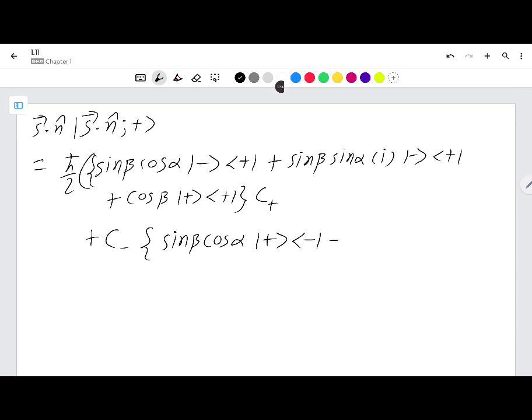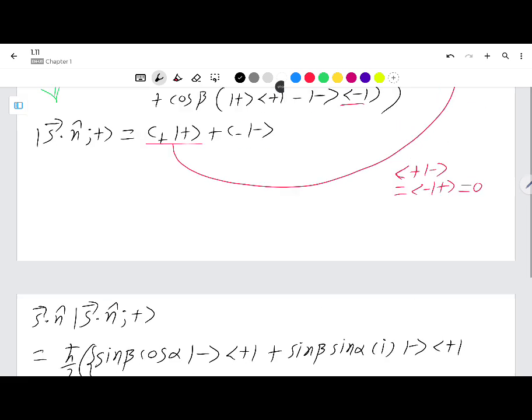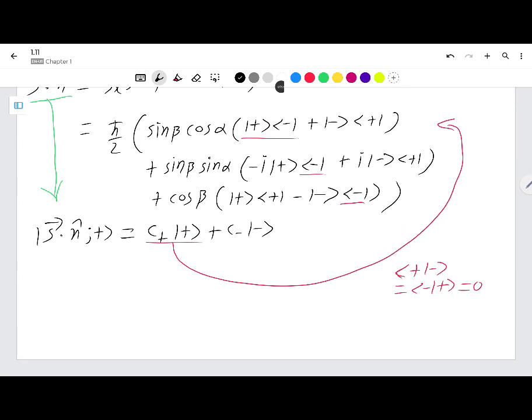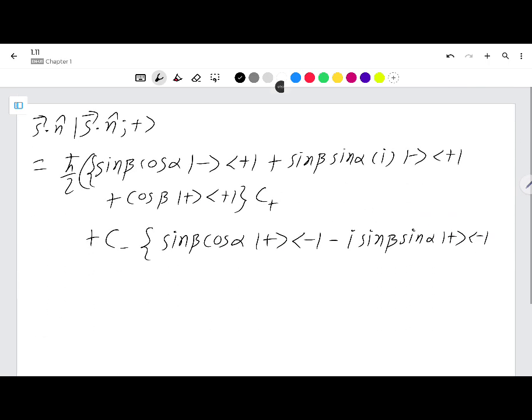There is minus i sin beta sin alpha, plus and minus, and this cos beta negative.